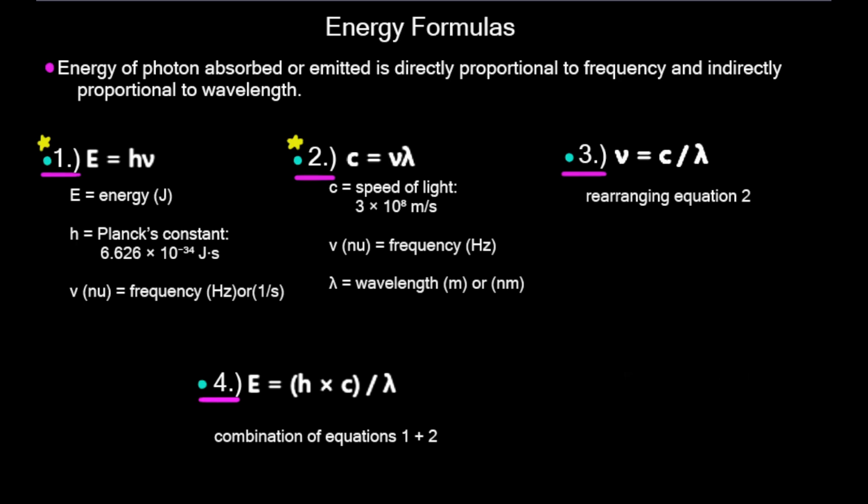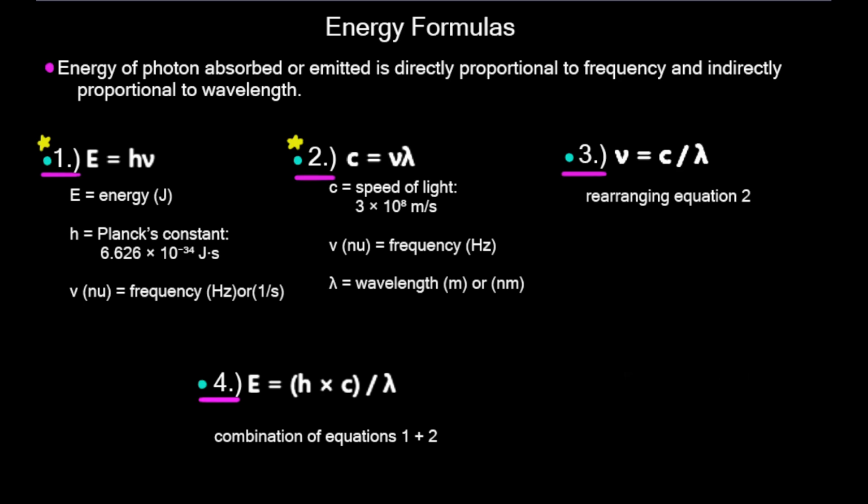These two equations listed in number 1 and number 2, E equals h times nu and c equals nu times wavelength, are extremely important for the MCAT. So make sure you're comfortable using both of them. When we combine the two equations, we get another equation listed in number 4. We can relate energy directly to wavelength.